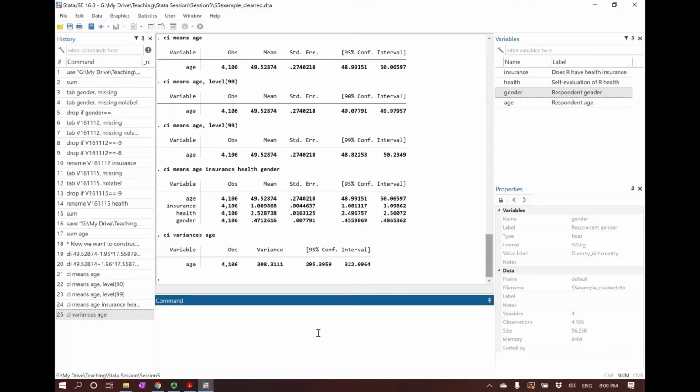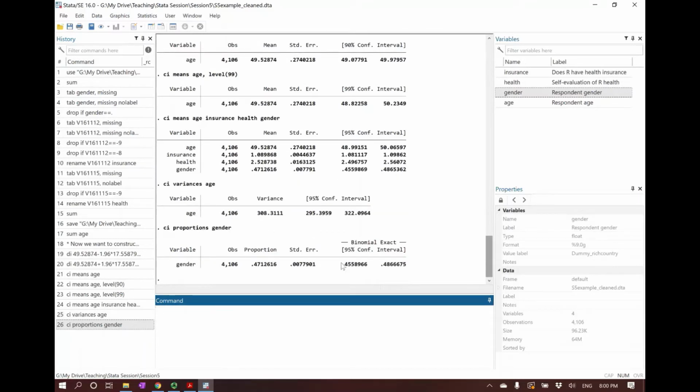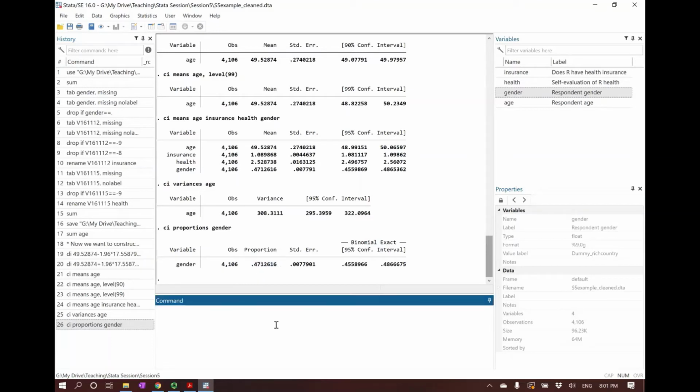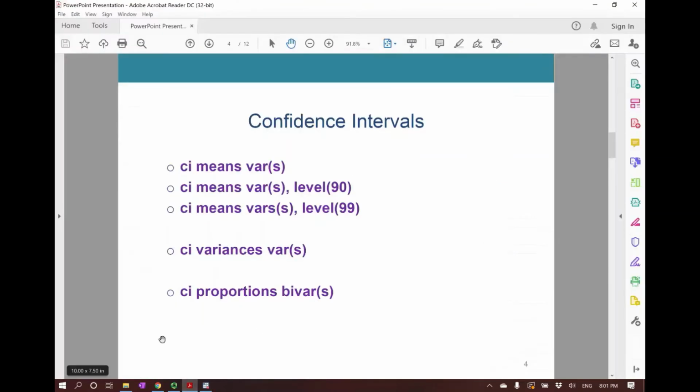So you could actually calculate CI proportions gender. It will calculate a 95% confidence interval for that population proportion, which is the percent of male in the US. So this is the confidence intervals.